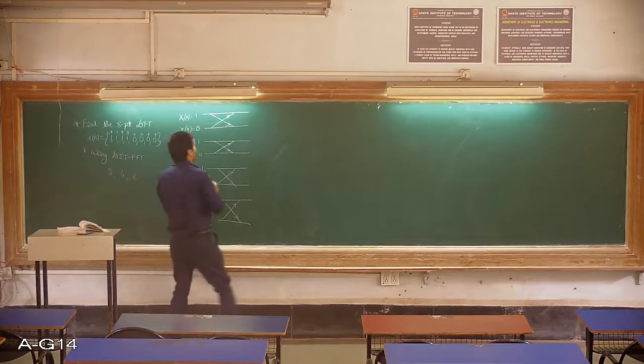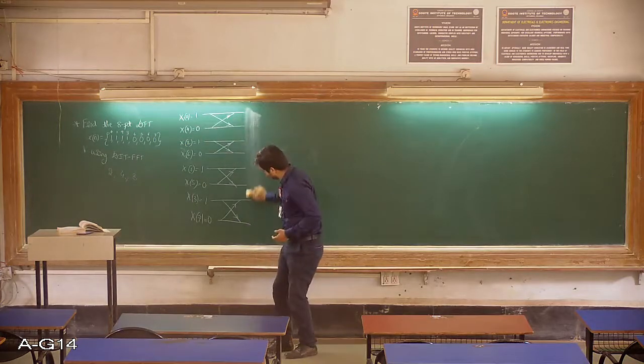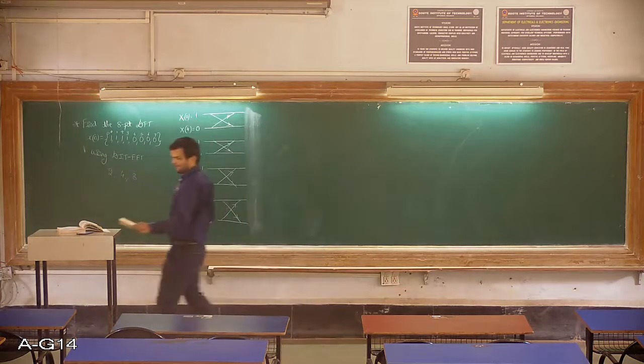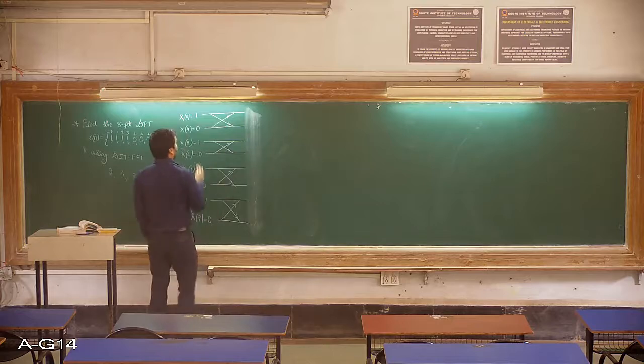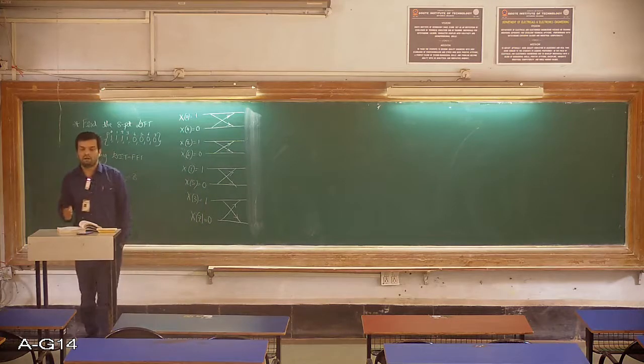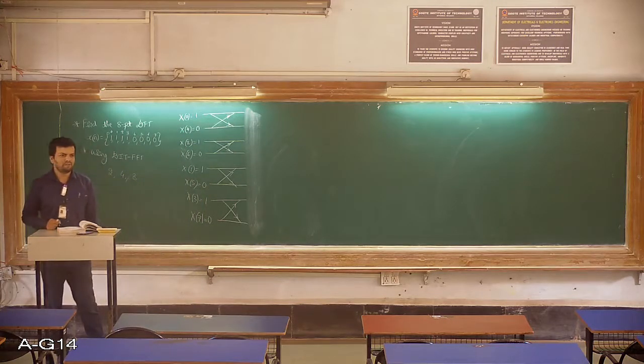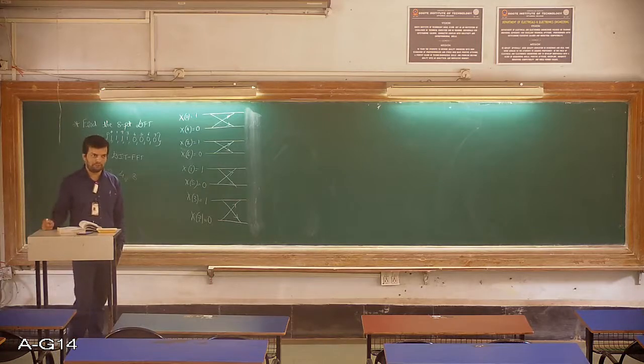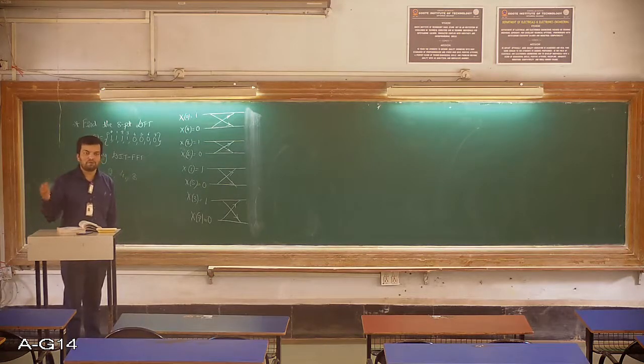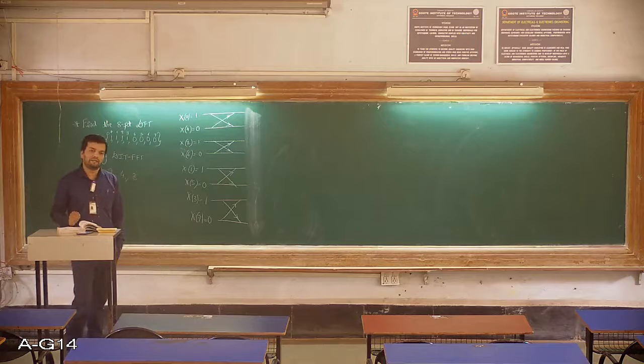So here take the values. Here it is in the 2-point. So always the first value will be positive, the other will be negative. Similarly in 4-point, the first 2 values are positive, the next 2 values are negative. In 8-point, the first 4 values are in positive direction, the next 4 values in negative direction.